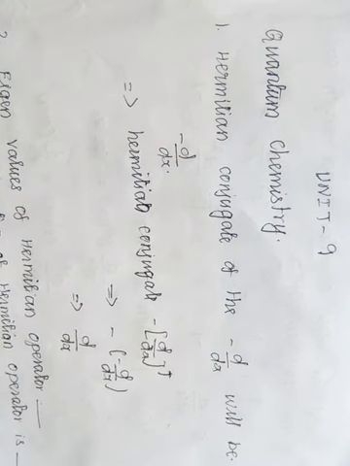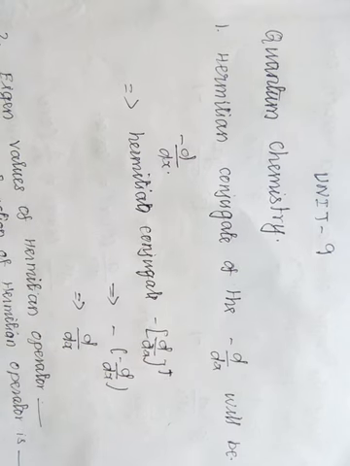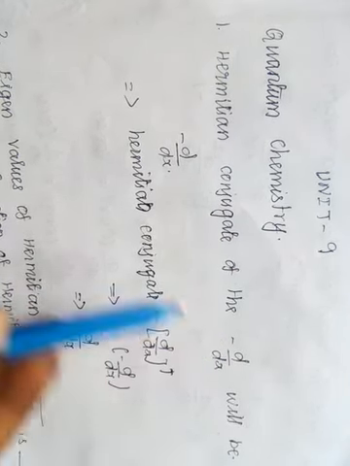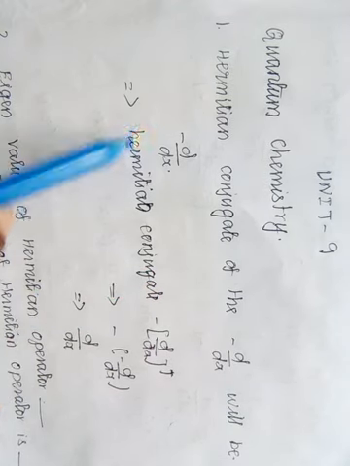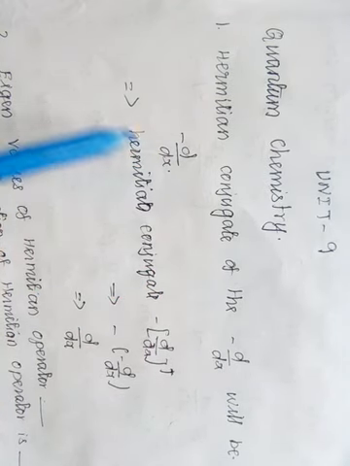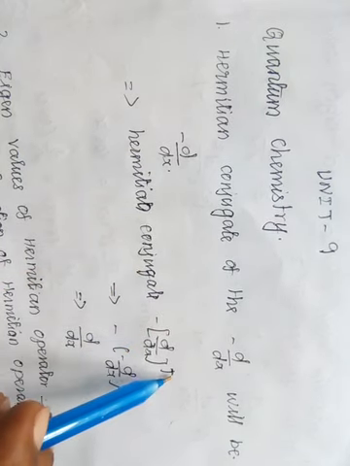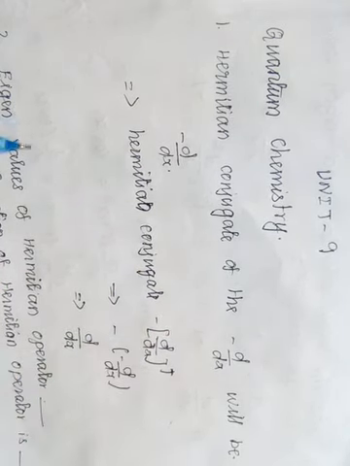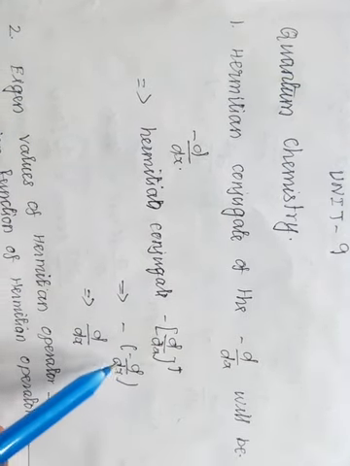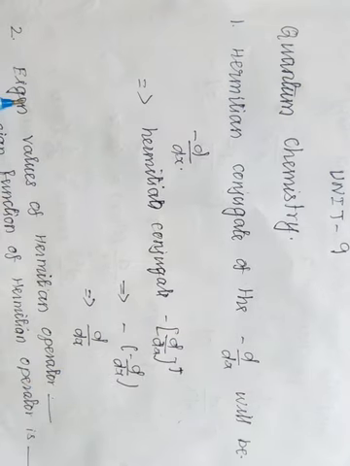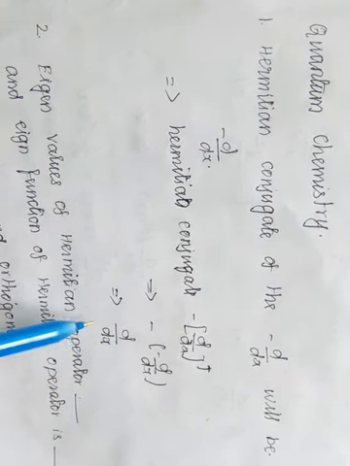So in the first part we'll see the first question. The Hermitian conjugate of the minus d by dx will be. So this is the operator minus d by dx. Hermitian conjugate of this operator is minus d by dx dagger. We have seen that already. For d by dx, minus d by dx will be the Hermitian conjugate. So minus into minus, plus we will get.